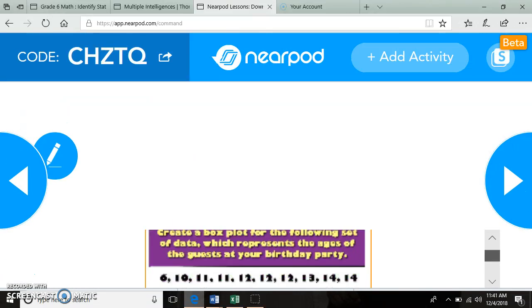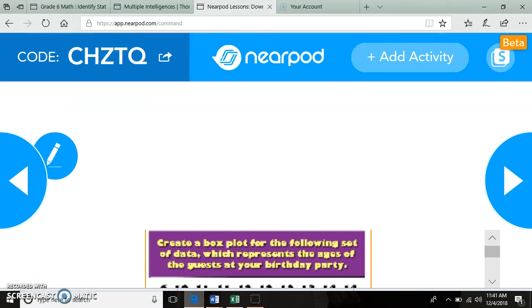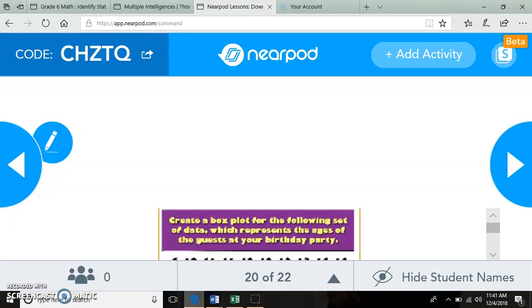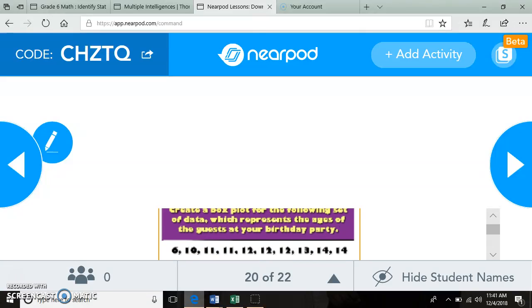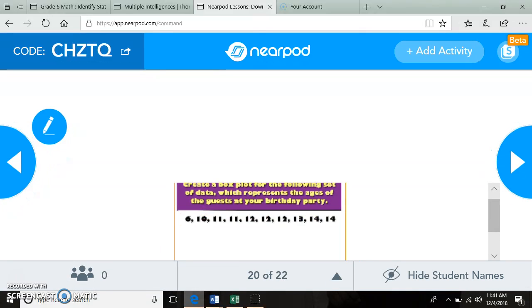So now it's your turn, guys. What I need you to do is create a box plot for the following set of data, which represents the ages of the guests at your birthday party. So for homework, I need you to make a box plot for the following set of data.